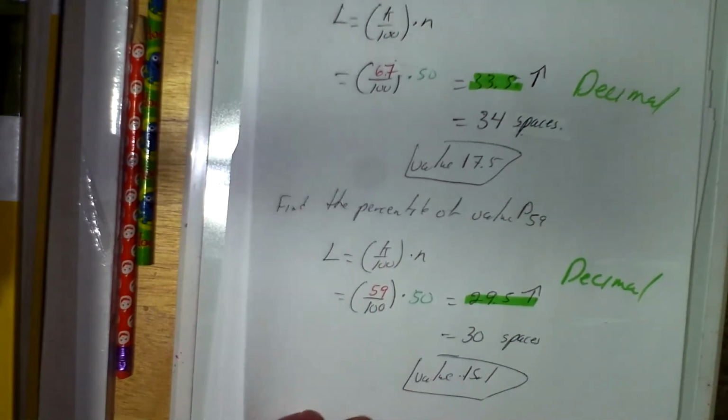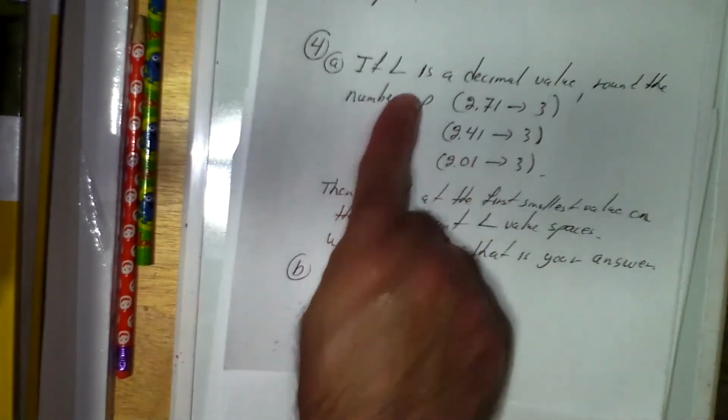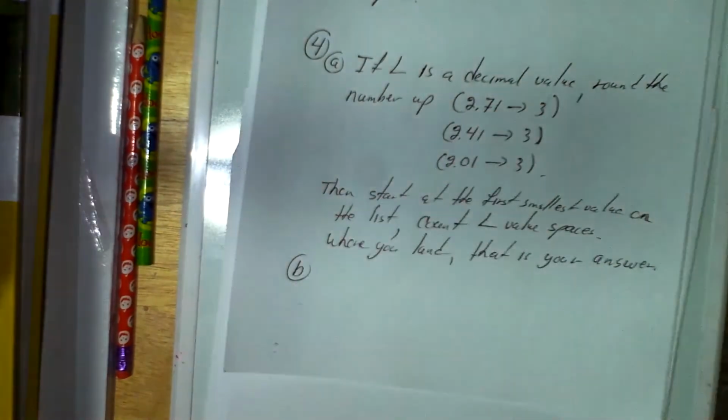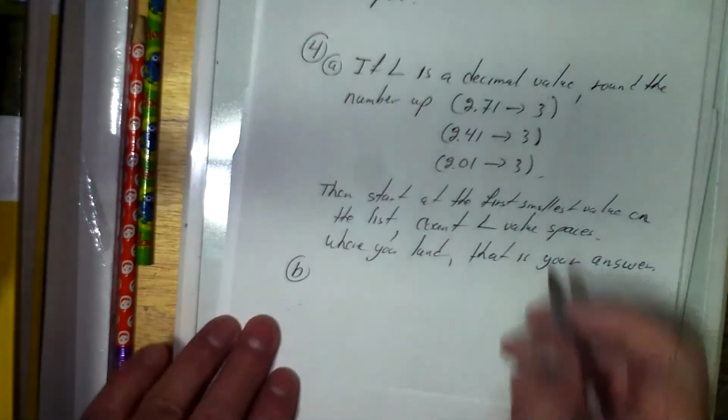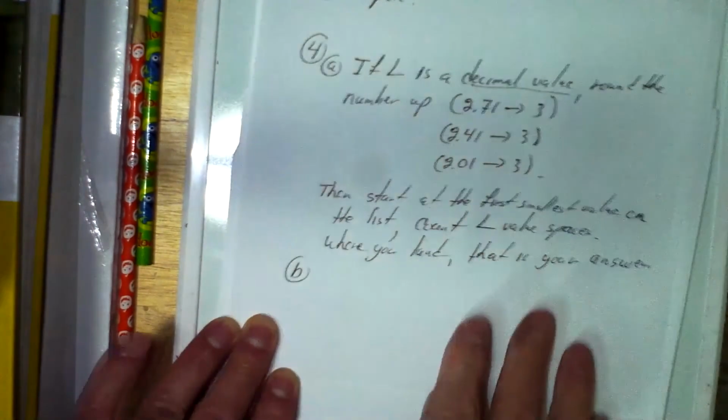Okay, so let me show you what happens if L ends up being a whole number. Okay, so here it is.